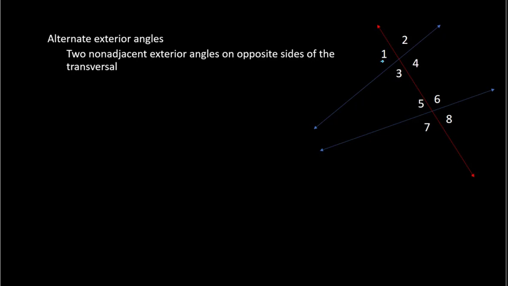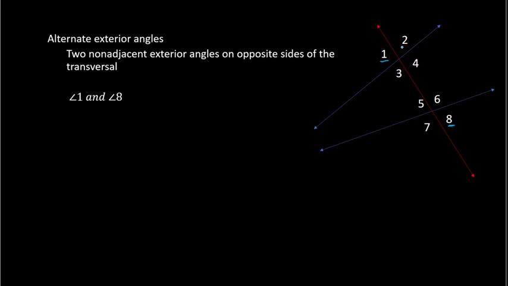So looking at angle 1 right here, an alternate exterior angle would be angle 8 over here. They're both outside of the two blue lines, and they're on opposite sides of this transversal, the red line, and they are not touching each other as well. Alright, so angle 1 and angle 8 would be alternate exterior angles.